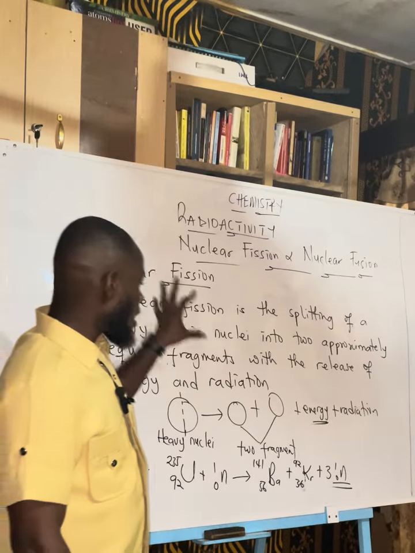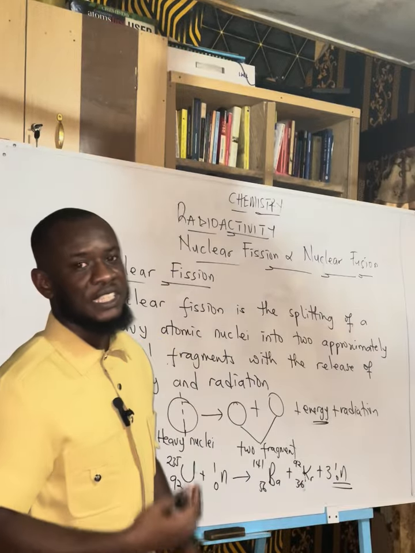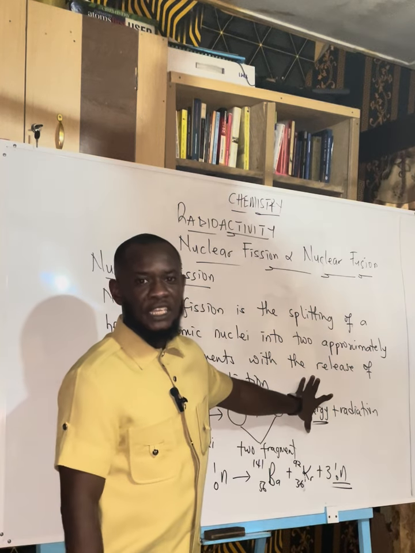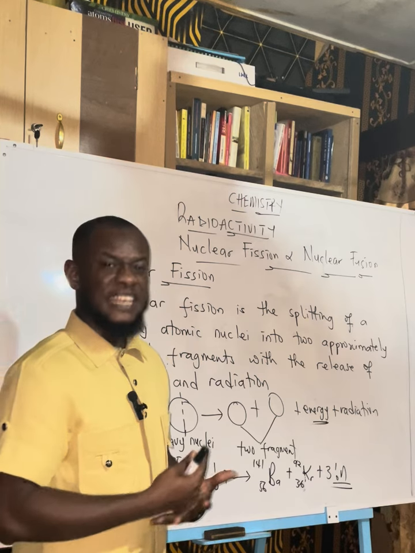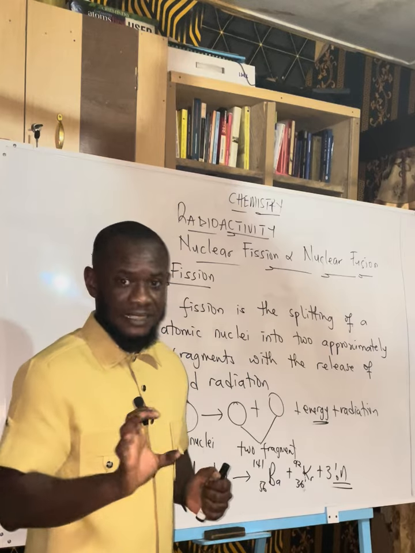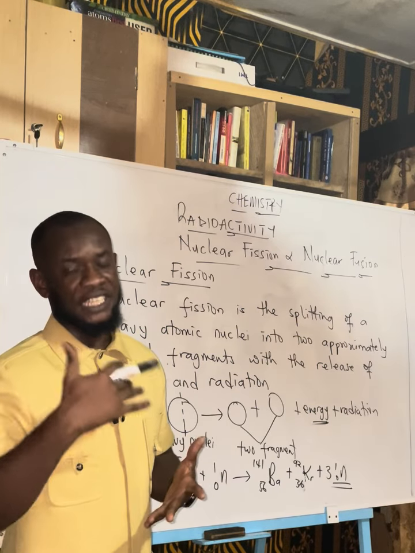So how is the energy produced here used to generate electricity? Now, the energy produced here is used to produce steam. And the steam produced is used to drive or turn turbines connected to a generator to produce what we call electricity.